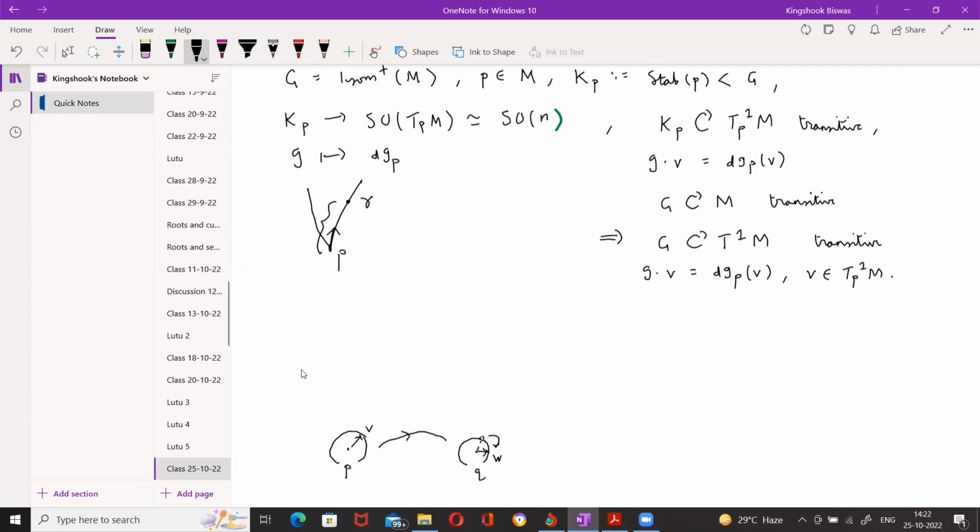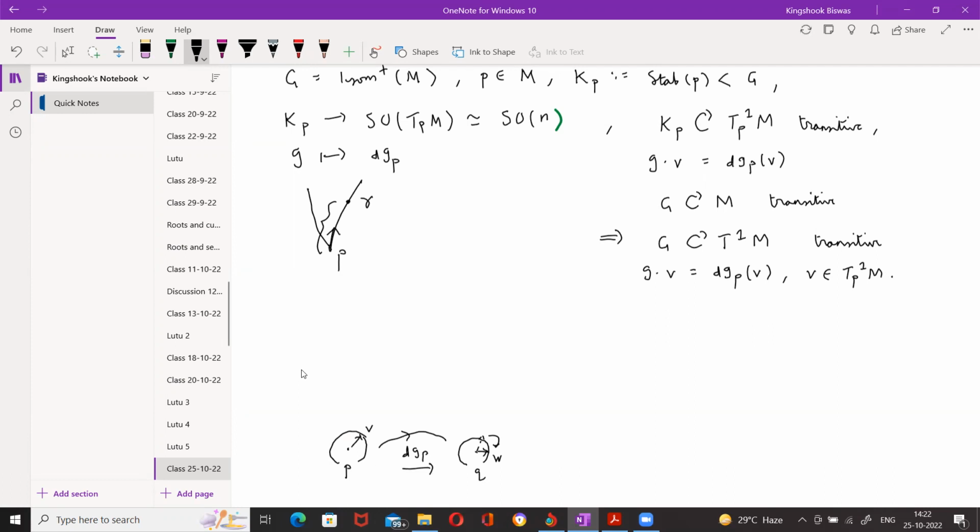Yes. And from this we get, so let me call this isometry which sends V to W, say dG at P. So this is going from where to where?